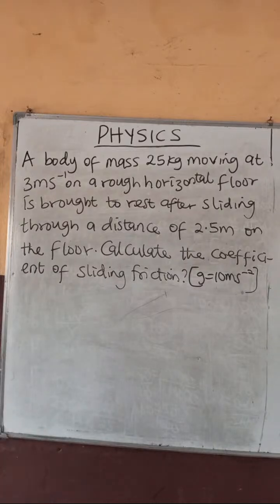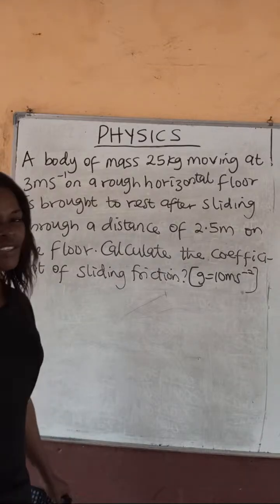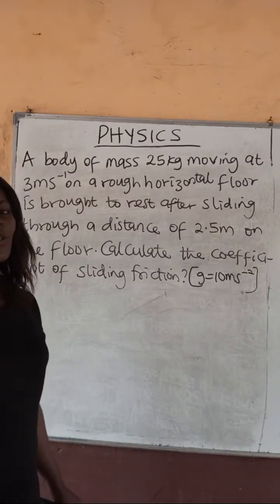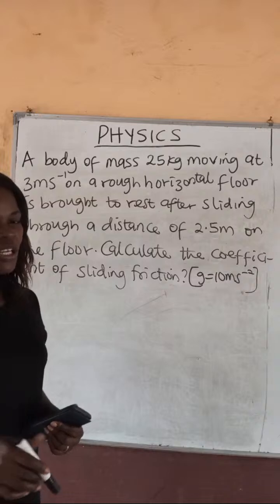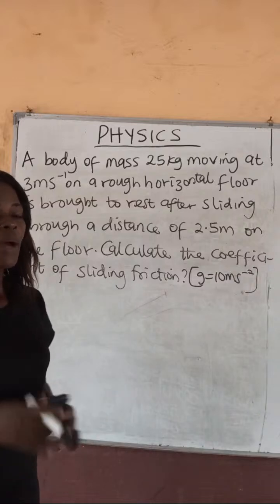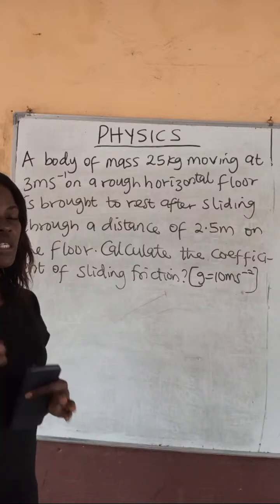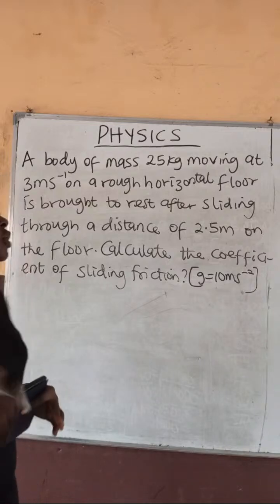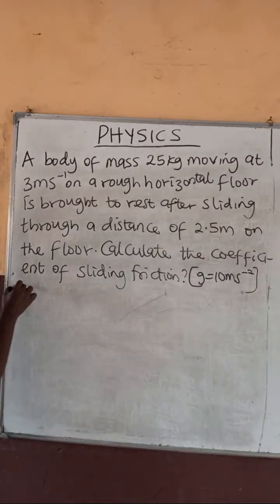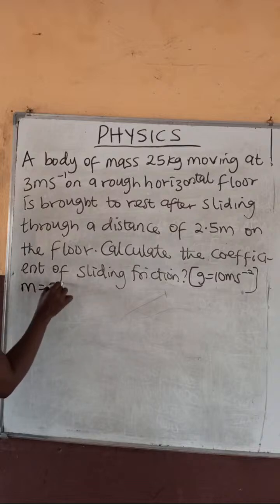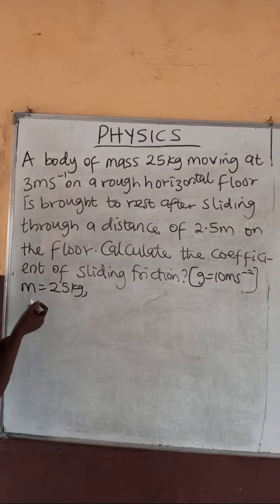Now, for you to be able to solve this, you should know the equations of motion. Even though you have not done it, I'm still going to review it and use it to solve this problem. So let's take the parameters. The mass is 25 kilograms.